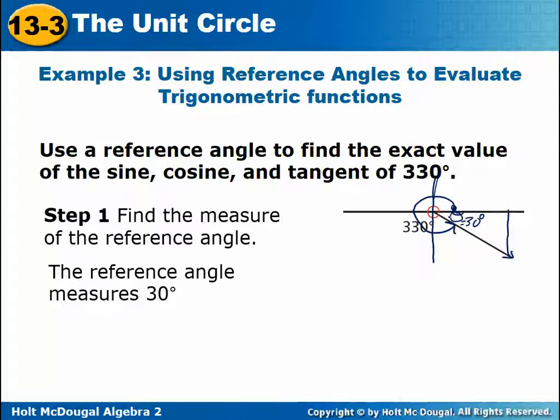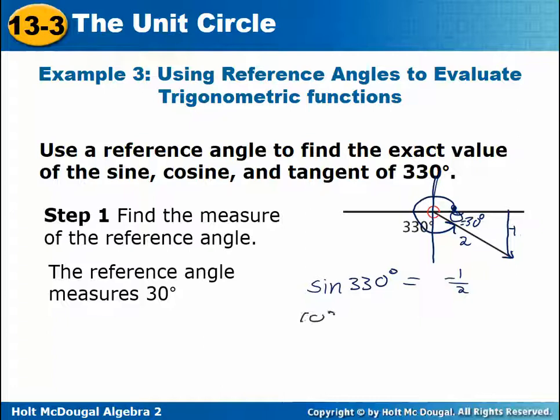So the sine of 30 degrees is 1/2, which means that the sine of 330 is equal to the opposite over the hypotenuse. But this is below the x-axis, so this is going to be a -1. So the sine of 330 is -1/2.